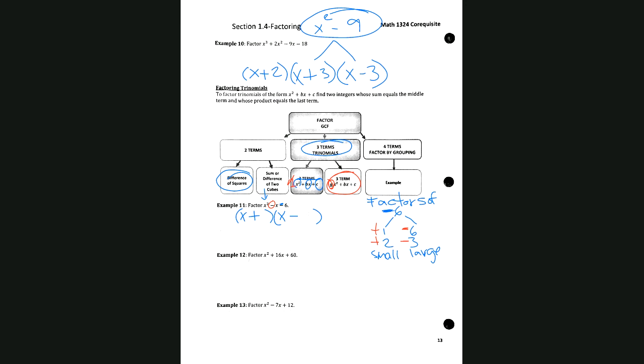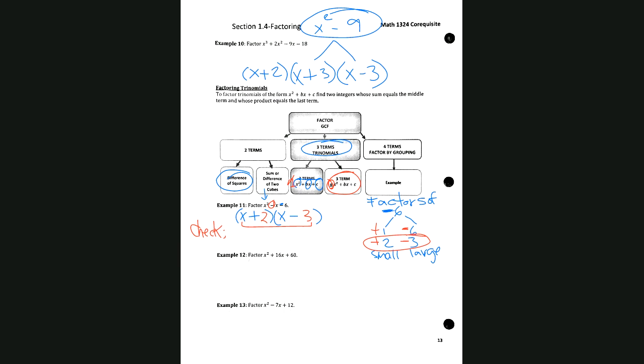And so if we look at them, which combination will give me a -1x? That would be +2 and -3, because 2 minus 3 is -1. So we can have +2 here and -3 here. Now, to check our work, we could multiply our terms on the outside.